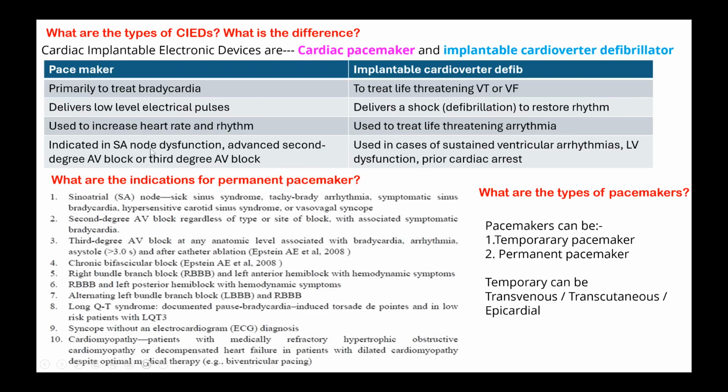So remember at least these: SA node dysfunction, second degree or third degree heart block, long QT syndrome, syncope without electrocardiogram diagnosis, cardiomyopathy refractory to other treatment. These are all the indications for permanent pacemaker implantation.